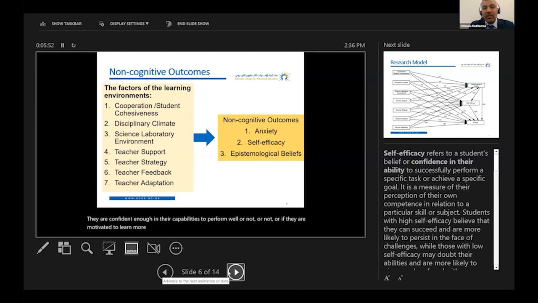The last thing, the epistemological beliefs, is like an attitude. If students acknowledge that science is not a stable thing, that it can be generated and increased by their efforts, in this case, students will predict their science achievement. If someone says, I'm not good at math, I'm not good at science, let me just focus on languages, for example, this could affect the way they predict their science achievement.